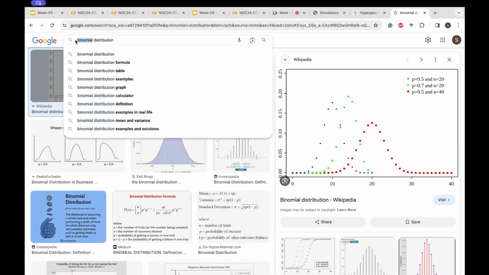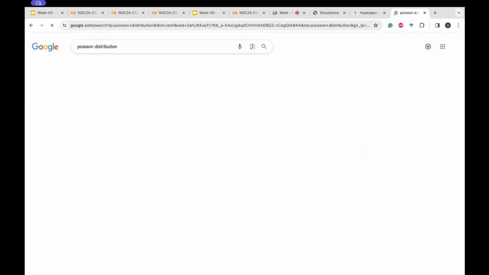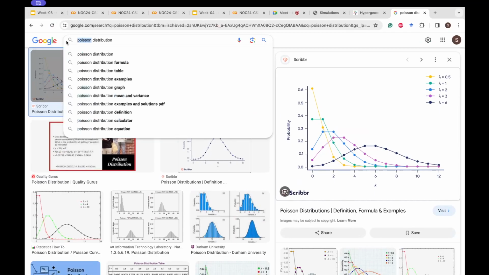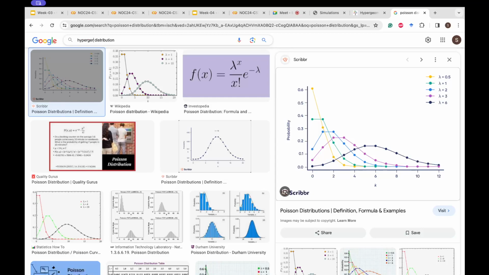Similarly, the shape of the Poisson distribution will change based on the value of lambda, and let us see how the hypergeometric distribution looks.